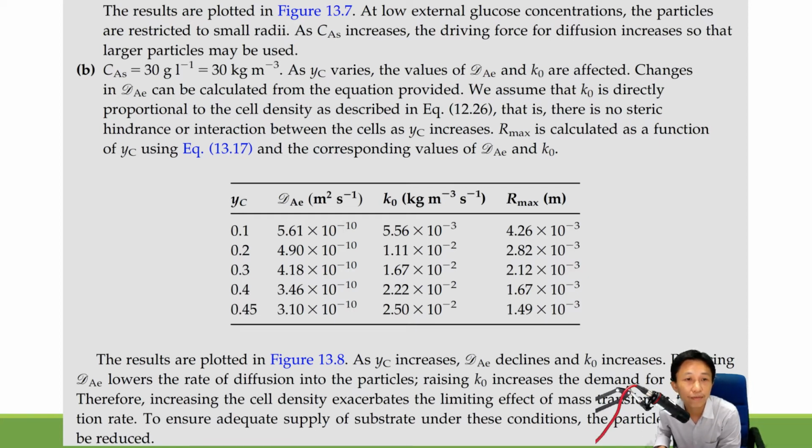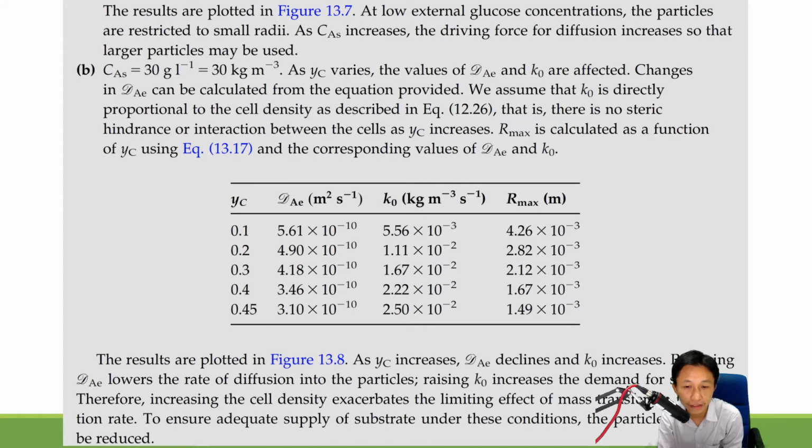Next, we have Cs is this one, and then we have Y, concentration of yeast as a series, and then we have dA diffusibility, K R effect, and then the Rmax is changed. This one Rmax is changed because we change the concentration of the yeast here.